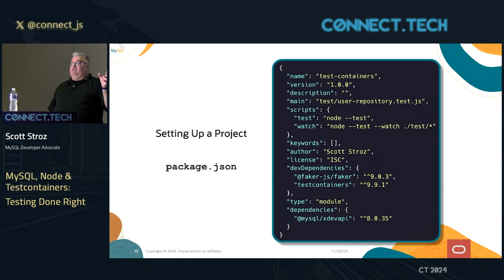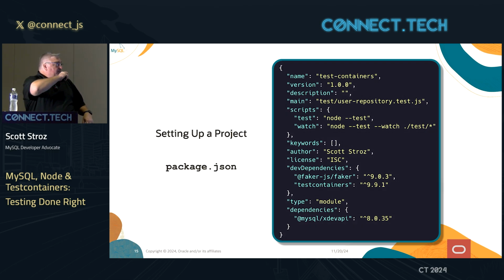So you can say, give me a first name, give me a last name, give me a username, and it will format the data in a way that you could tell it's a username or a first name, a last name. And then for the other dependencies down bottom, I'm using the MySQL XDev API version 8.0.35.